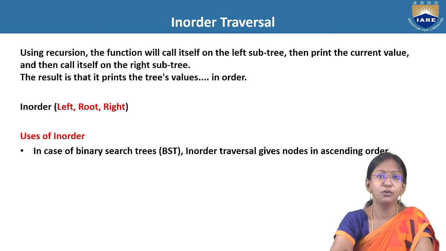No such rules are imposed on binary trees. So if you convert your binary tree into a binary search tree, where such rules are imposed, then when you perform an in-order traversal of a BST, data will be retrieved in ascending order. It is a good point, guys. Please make a note of that.